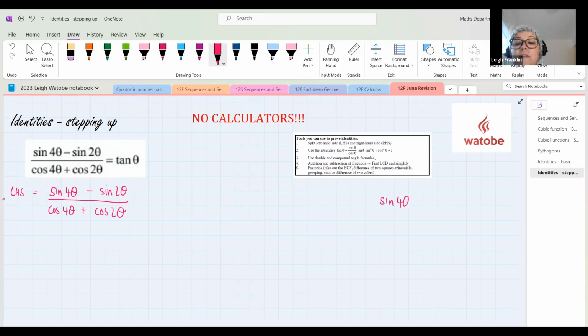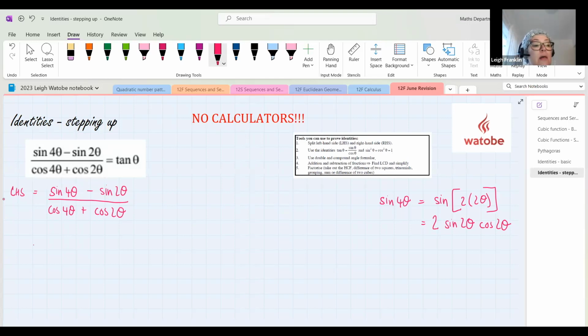So sine 4 theta, let's just write it here on the side. Sine 4 theta is a double angle. So what I could do with it is this. Okay, so when I expand that, it's going to expand to 2 sine 2 theta cos 2 theta.